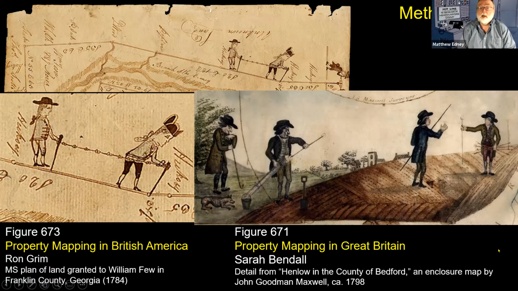Here's one of our favorite images from the book of some surveyors getting ready to plot a field in Bedfordshire. And you'll notice that there's no actual instrument for measuring angles, no compass, no theodolite, in large part because a lot of English surveying was done just to measure areas of fields.